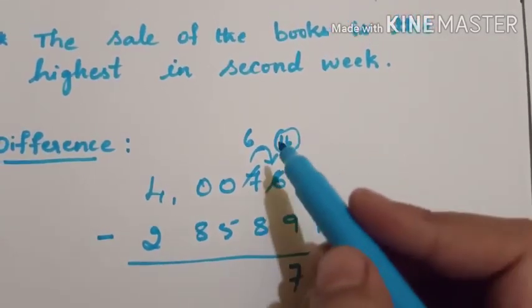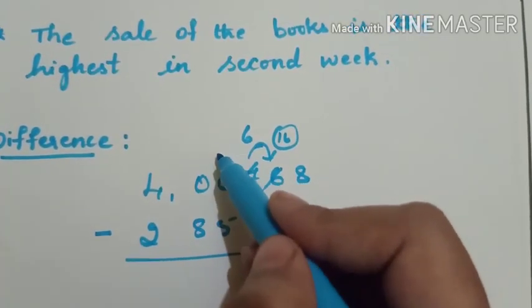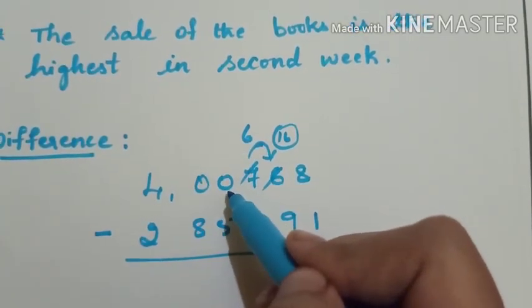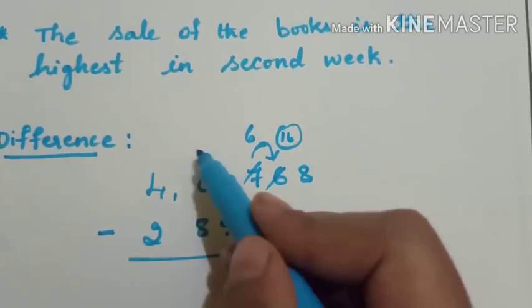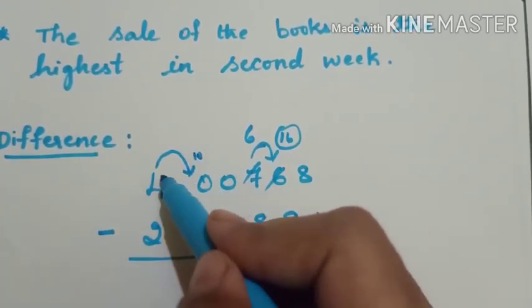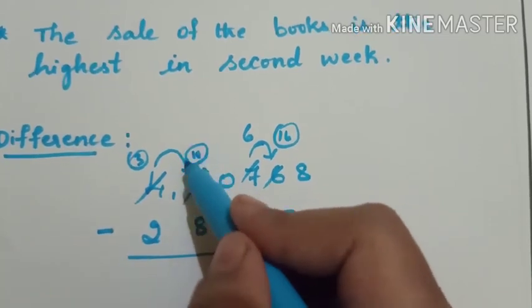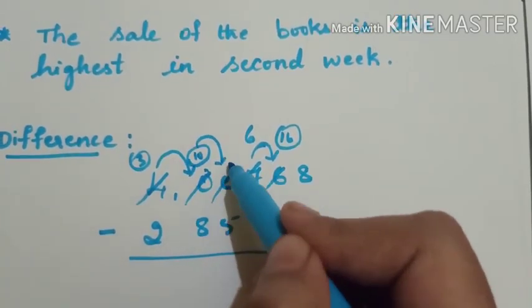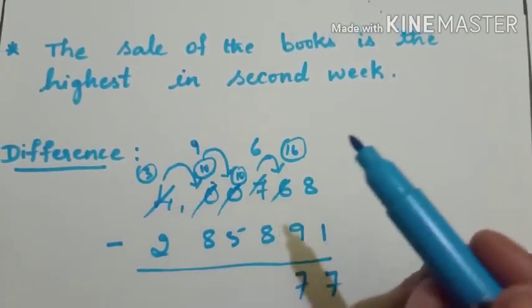6 minus 8, no, take the borrow. So to take the borrow, here it is 0. Take from the next number. Here also it is 0. Take from the next number. So it becomes 10 and this becomes 3. If this 10 gives to this, then this becomes 10 and this becomes 9.